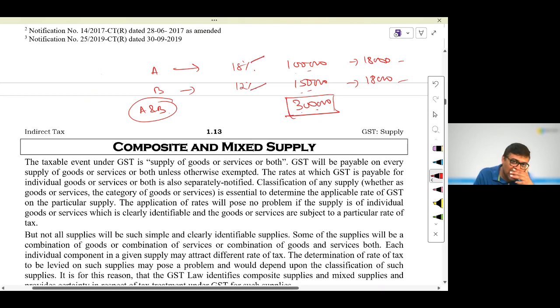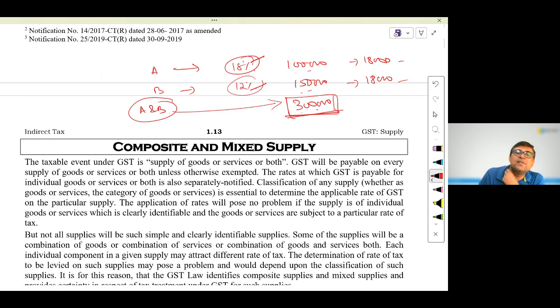I don't know the separate value of A and the separate value of B in this 3 lakh. In that case, what should be the applicable rate of GST? Is it 18% or 12%? We are supposed to identify the rate in this chapter.